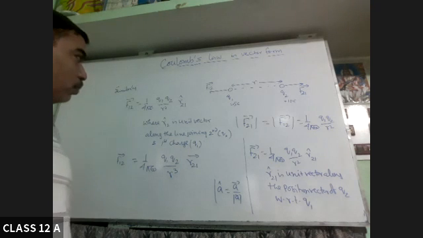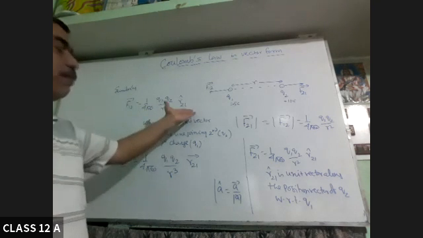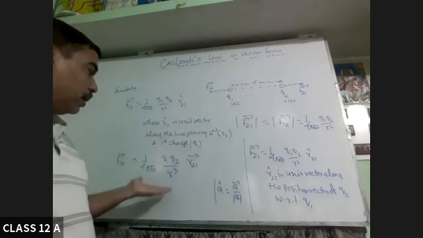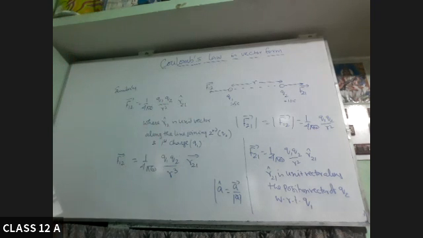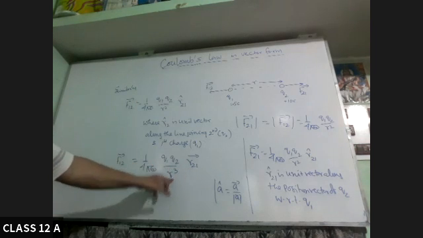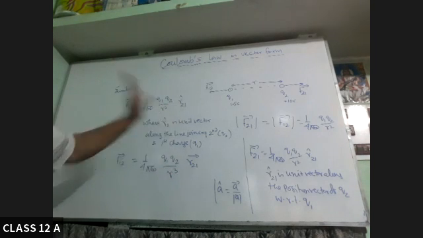Sometimes in a question, you may not find this option; in place of that, this will be given. So you have to use both concepts. Either the unit vector or the vector itself will be written. If the vector is there, then here will be r cube. If the unit vector is there, then here will be r square.